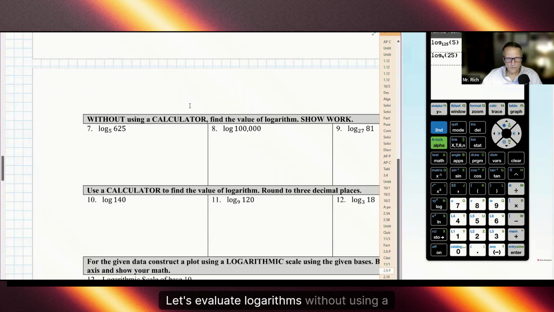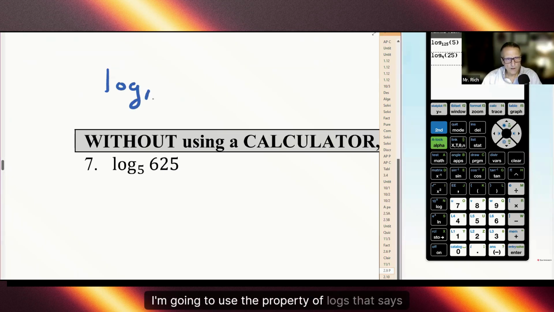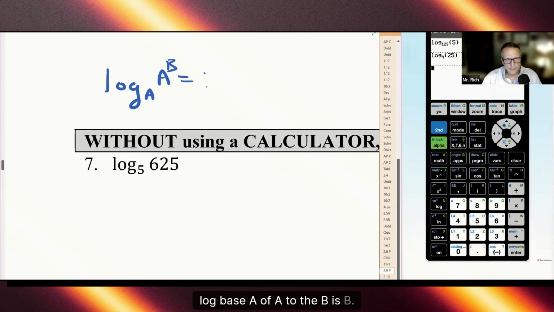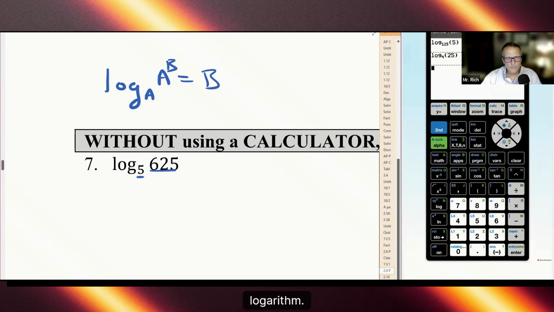Let's evaluate logarithms without using a calculator. On all of these problems where I'm evaluating without a calculator, I'm going to use the property of logs that says log base a of a to the b is b. So I want to rewrite the argument of the logarithm with the same base exponential as the base of the logarithm.